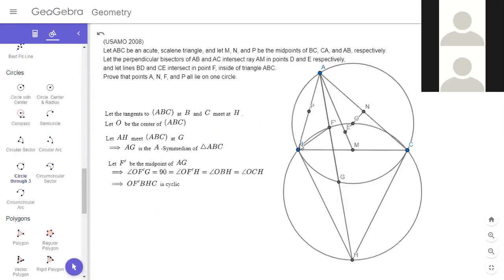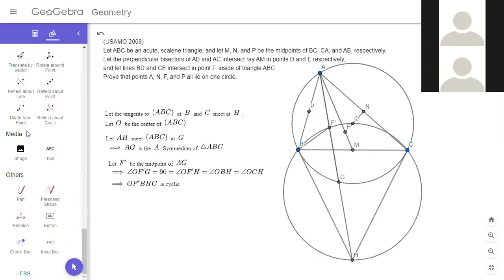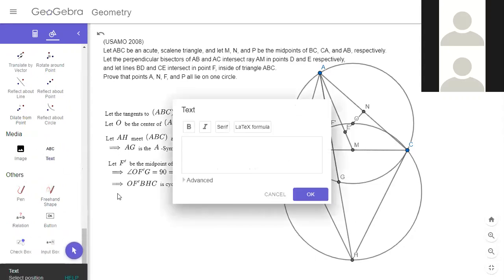And then we have angle. So ABGC is harmonic. So it's a harmonic quadrilateral.